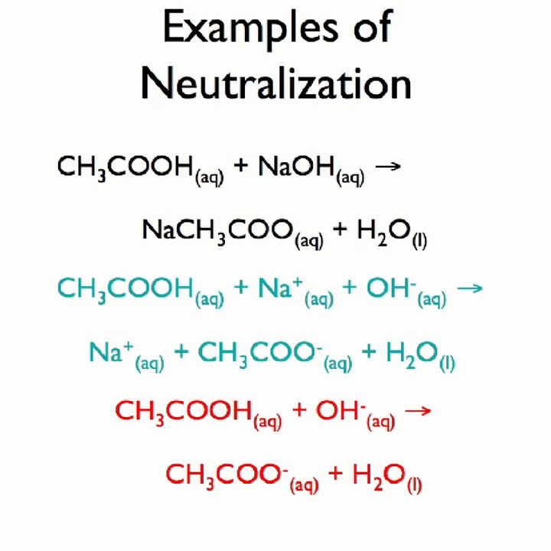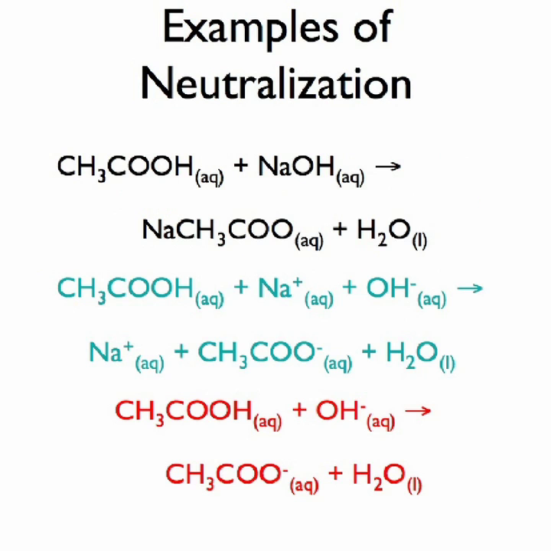Another example, in this example we have the weak acid, acetic acid, reacting with aqueous sodium hydroxide to form aqueous sodium acetate and liquid water. Acetic acid is a weak acid, so it's written in the molecular form, aqueous acetic acid. The strong base sodium hydroxide would exist as aqueous sodium ions and aqueous hydroxide ions.